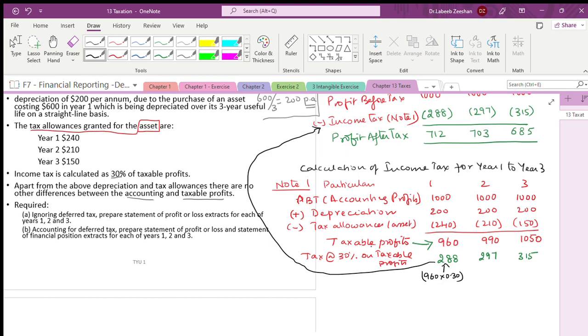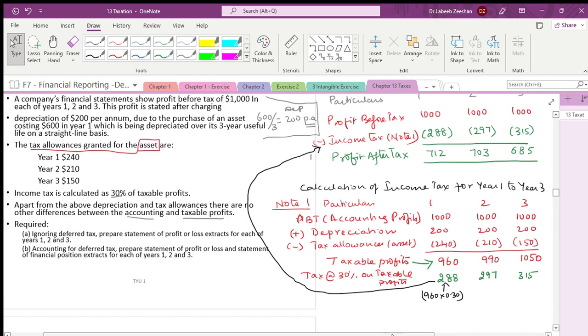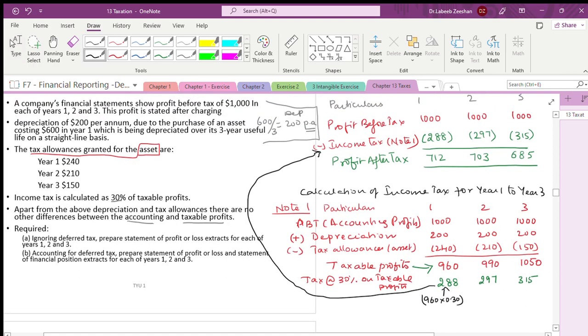We deduct it from the profit before tax. See now the difference. Profit before tax is what is called the accounting profit.